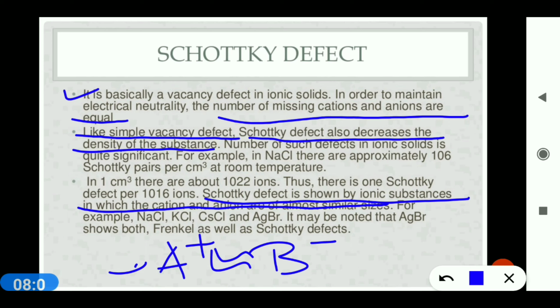For example, AgBr, CsCl, KCl, NaCl. One of the interesting examples is AgBr. This example shows Schottky defect as well as Frenkel defect.